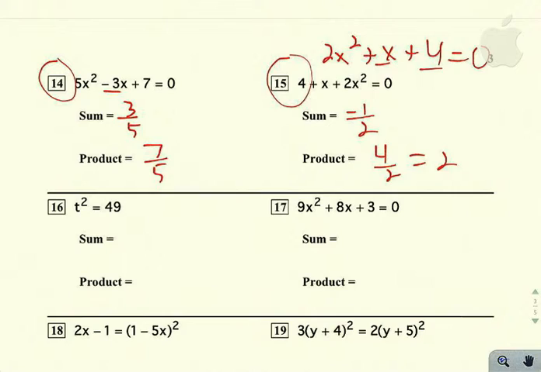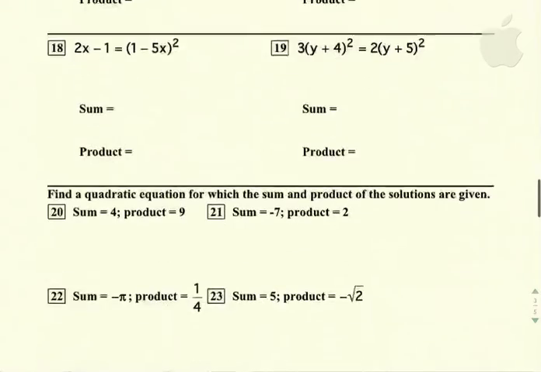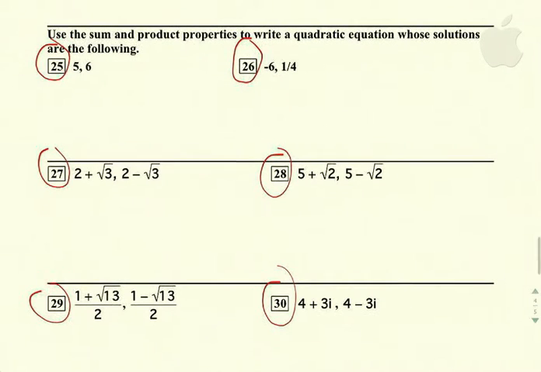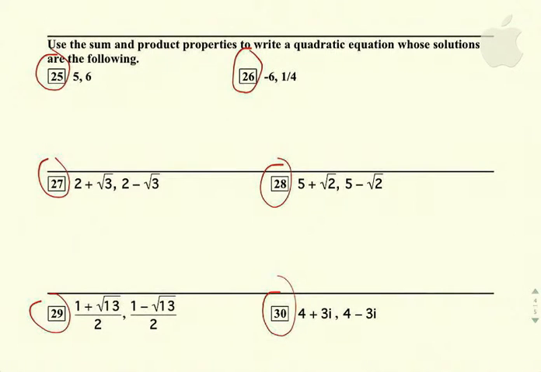Now let's go to 25 through 30. It says write a quadratic equation whose solutions are the following, and we'll add the condition that we have integer coefficients. That means no fractions and no radicals.